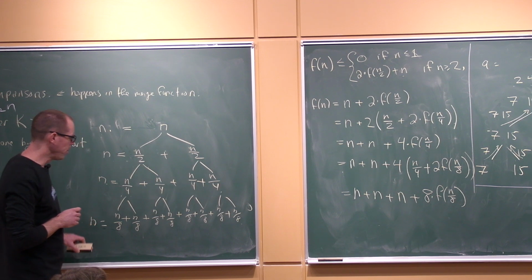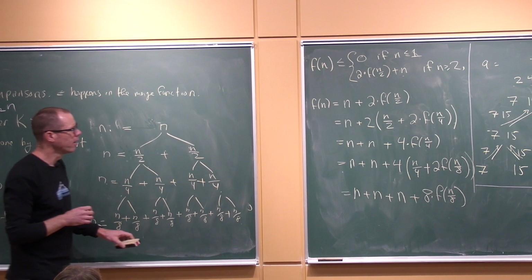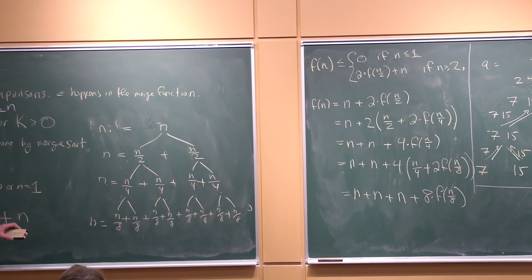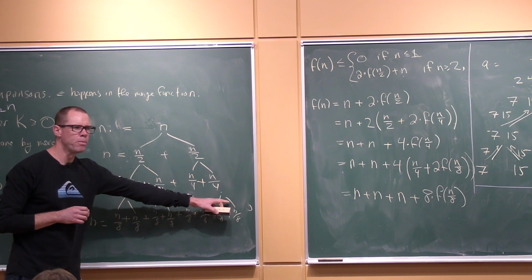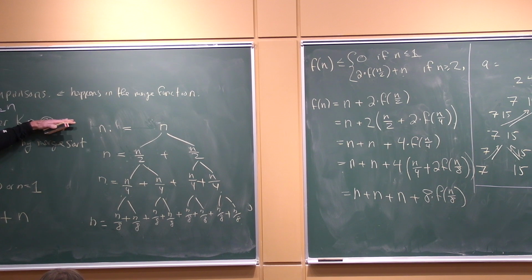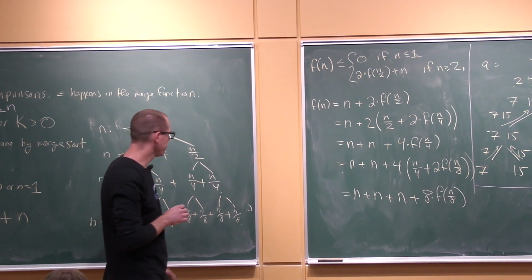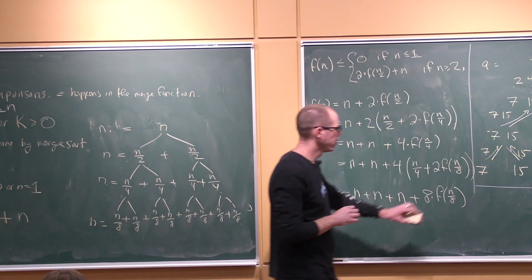The lowest level will have n terms in it, but really how many levels are there is the question. Yeah, exactly. Okay, so let's look at this again, still more abstractly.